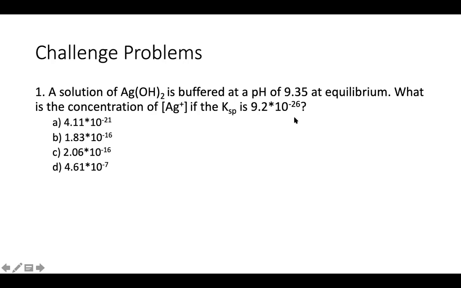You'll see that on the next slide. It asks, what is the concentration of silver in this solution if the KSP is 9.2 times 10 to the negative 26th? And I believe the answer to all 4 multiple choice problems given last Wednesday were B. I always put it from lowest to highest, and that's just how it worked out.